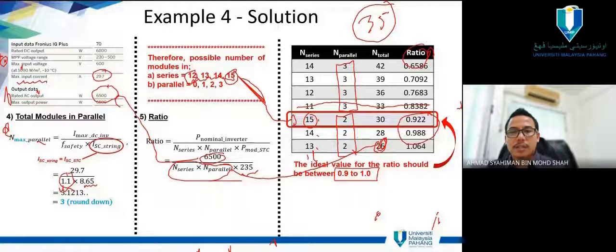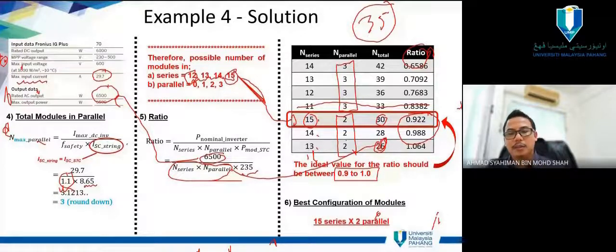Kita ada 28 dan 30. Kita ambil yang maksimum lah, semaksimum mungkin. Modul tu kita nak maksimumkan. 30 lebih besar daripada 28, so kita ambil 30 dan kita masih lagi range 0.9 to 1. So ini adalah the best configuration.